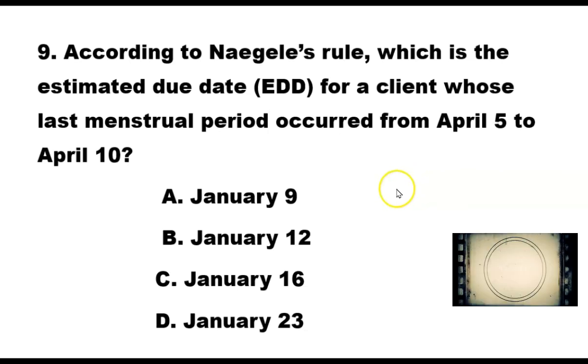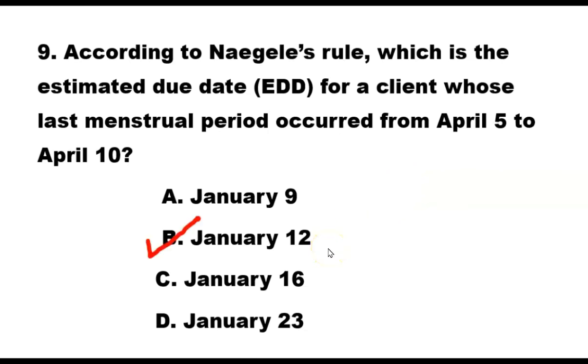The correct answer is January 12, because you add 7 to 5 to get 12, subtract 3 months from April to get January, and add 1 year for the expected date of delivery.